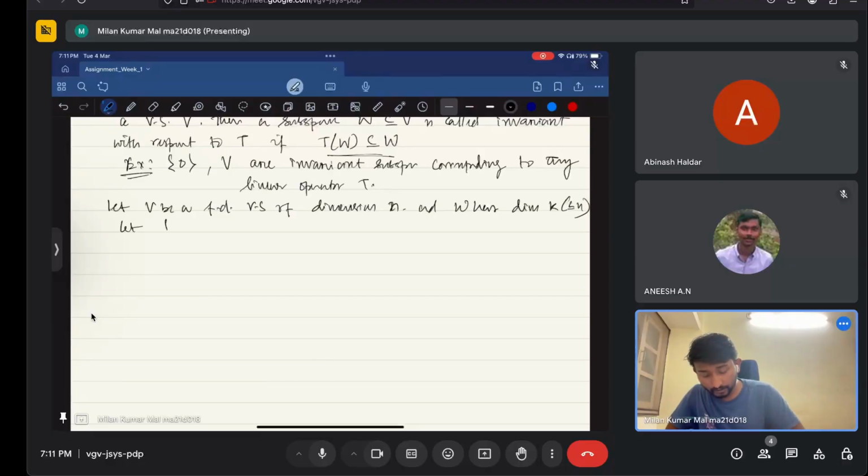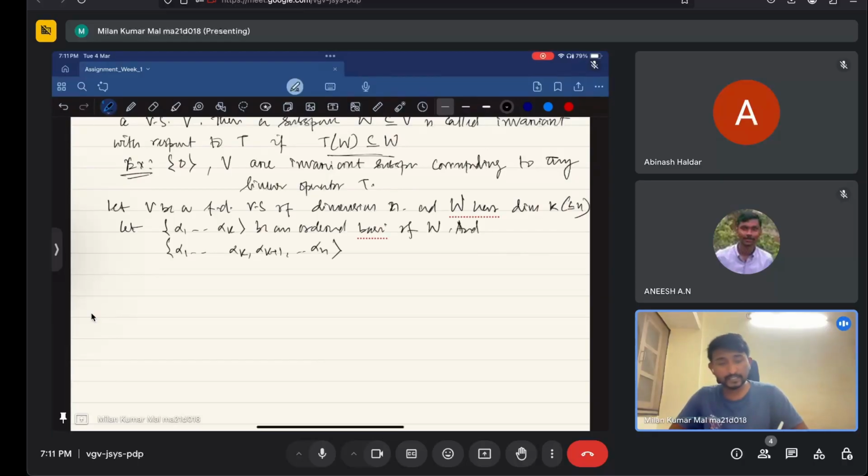Let alpha 1 all the way to alpha k be an ordered basis of W, and this is alpha k plus 1.